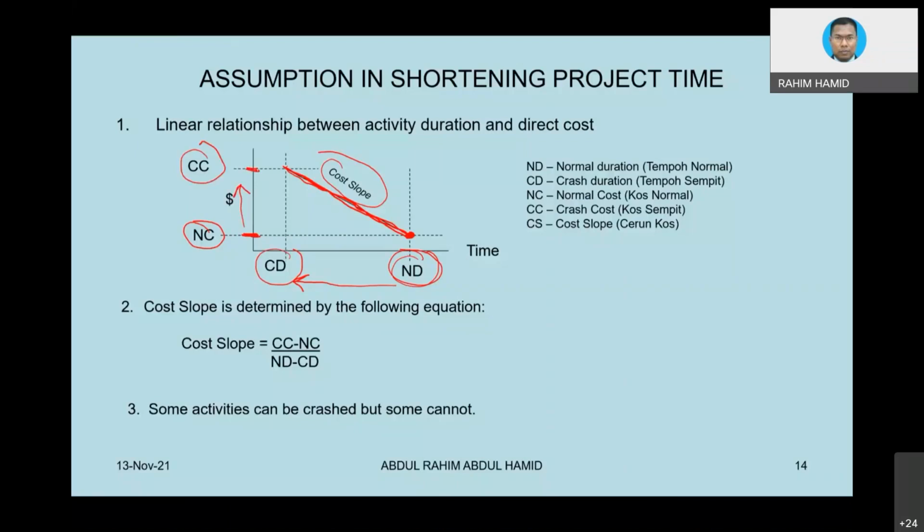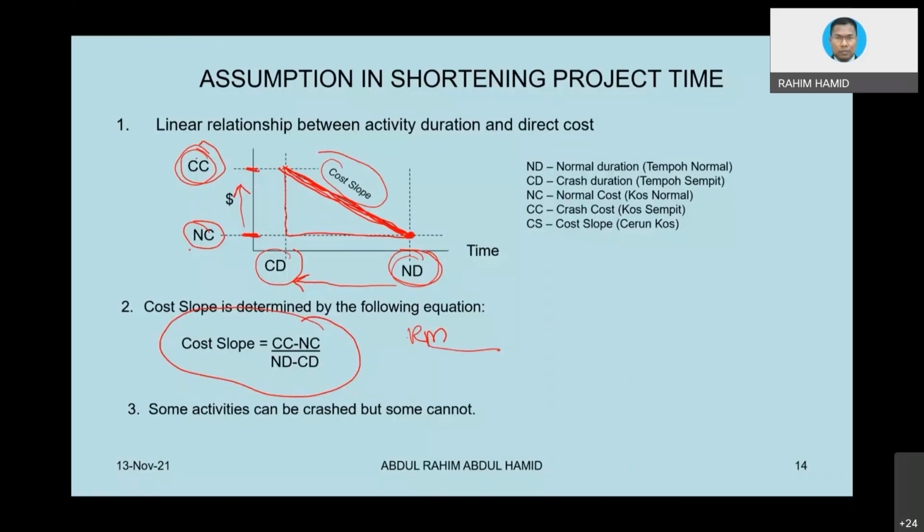So having said that, at the end of the day, we are going to have this triangle, and this line here is known as the cost slope. Cost slope is defined as the difference in costs. You take the highest cost, the crash cost, minus the normal cost, so you get some amount in RM, divided by the difference in timing.